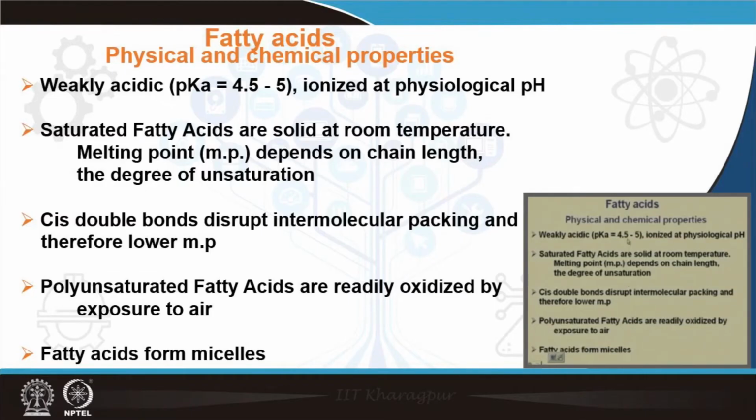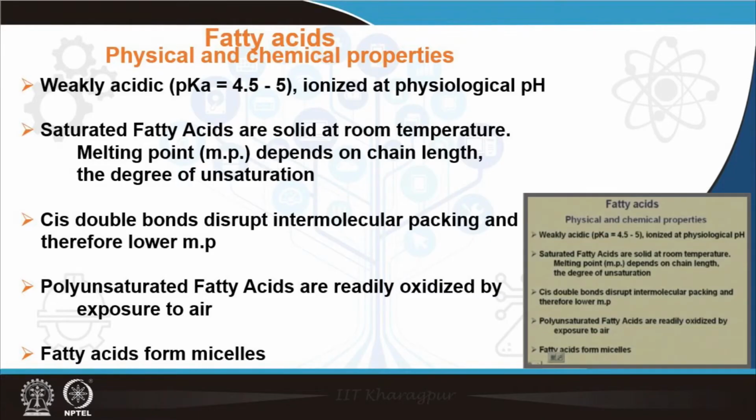We will see how that is going to play an important part in our lipid formation, membrane lipids. So, we have weakly acidic fatty acids. The saturated fatty acids are solid at room temperature. The melting point depends upon the chain length and the degree of unsaturation. The cis bonds, you understand, with the kink in the cis bonds, disrupt the molecular packing. Okay? So, it lowers the melting point.